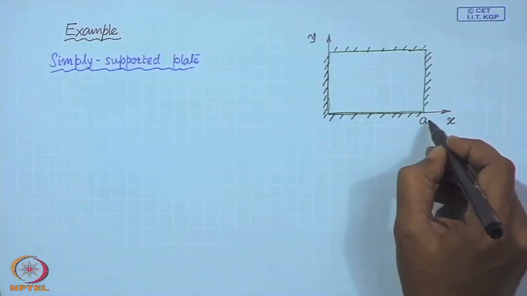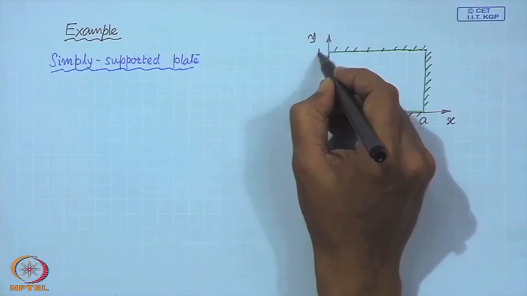So, let us consider this as A and this as B.